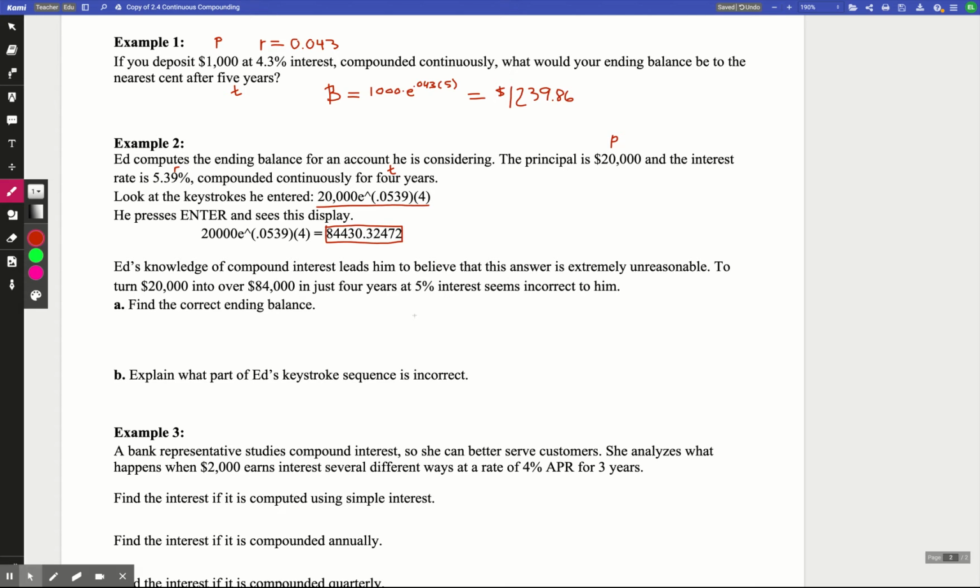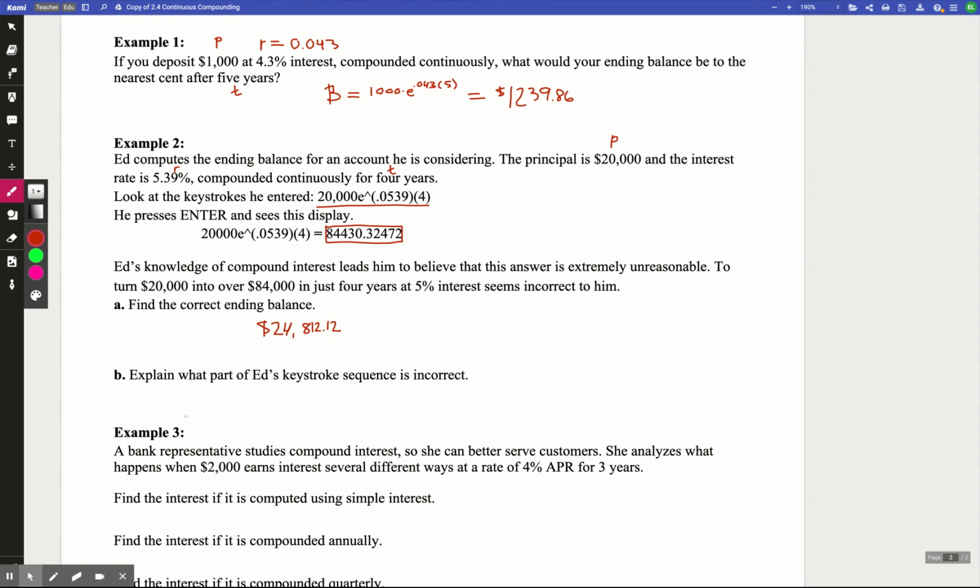Now, this raised a red flag because 20,000 turning into 84,000 in only 4 years seems a bit suspicious. So we want to figure out, how did he type this into the calculator improperly? So the correct balance should actually be $24,812.12.